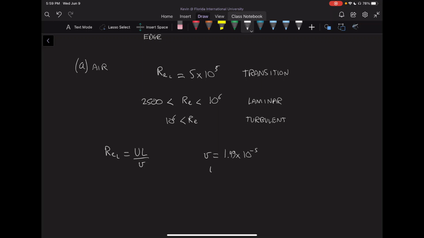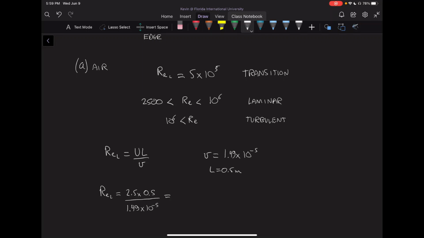And we know that our length is equal to 0.5 meters. So if we plug in the values, we have Reynolds L is equal to 2.5 times 0.5 over 1.49 times 10 to the minus 5.